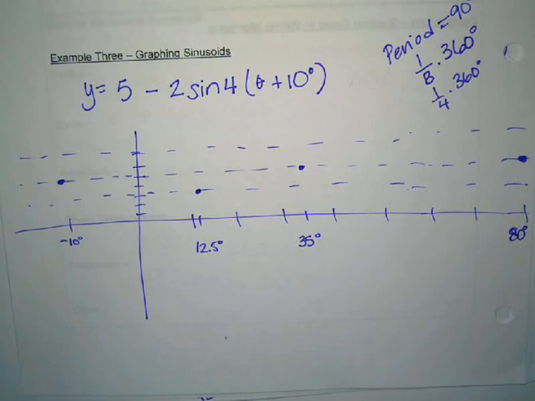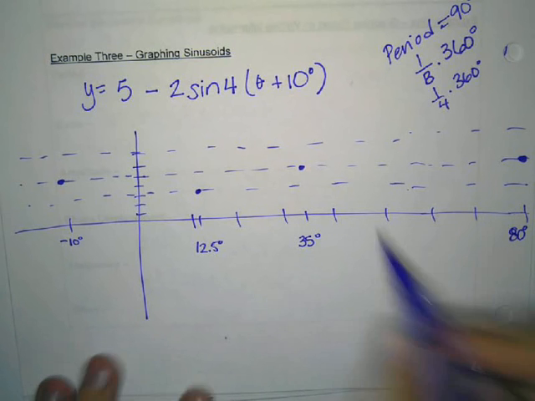And then we find the halfway point between 35 and 80. 35 plus 80 is 115. 115 divided by 2? I hear some guessing, but let's be more definite. 57.5.